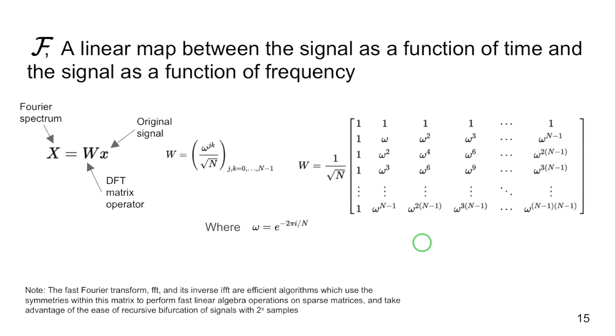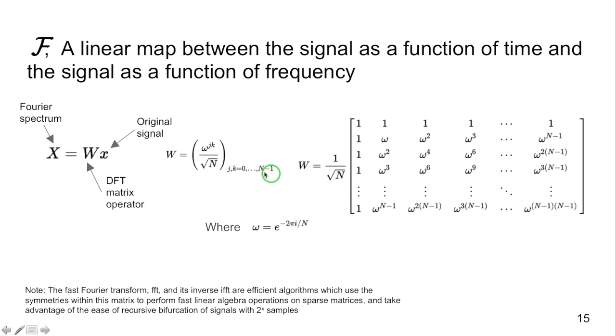Another way to look at the Fourier transform is as a linear map between the signal as a function of time and the signal as a function of frequency. So in this view, we have our original signal, we have our Fourier spectrum, and then we have this matrix operator, which does the conversion.